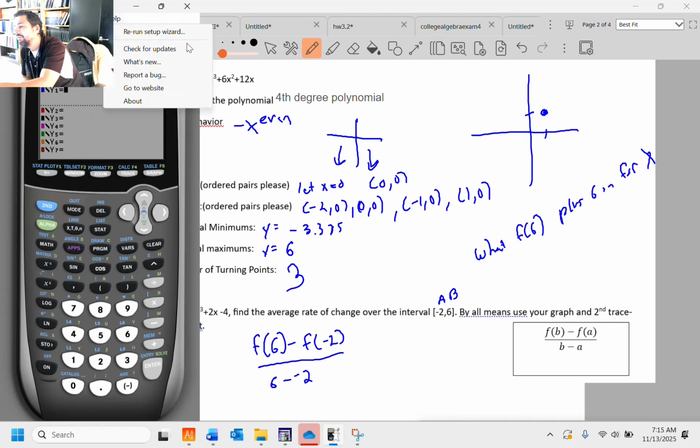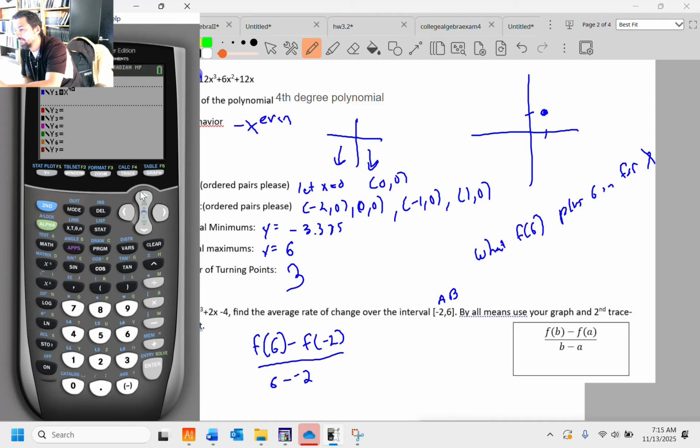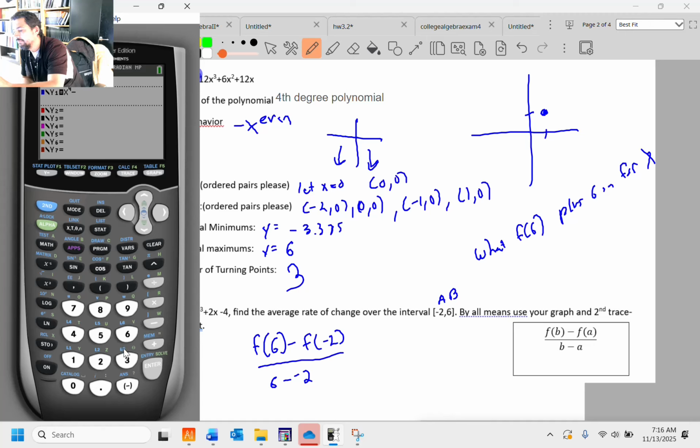I need to graph the right function, which is x to the 4th minus 3x cubed plus 2x minus 4. And again, play along in a calculator.